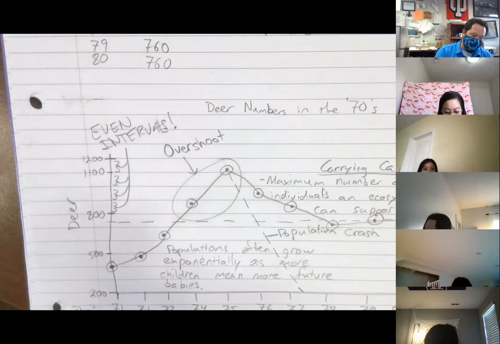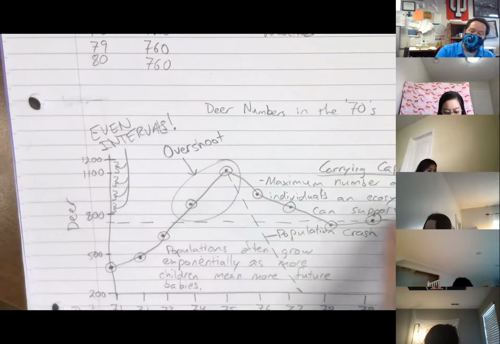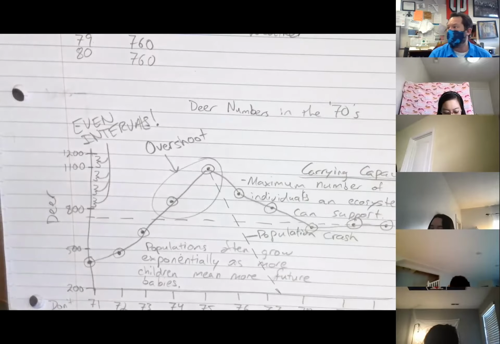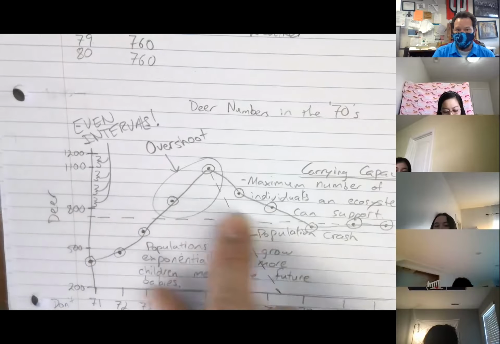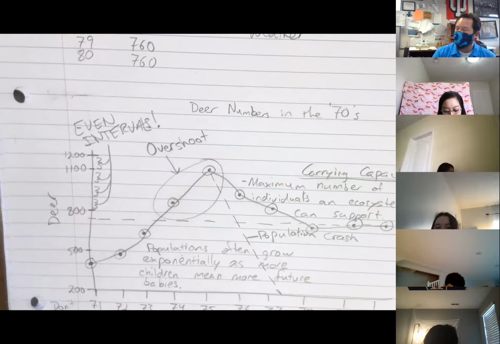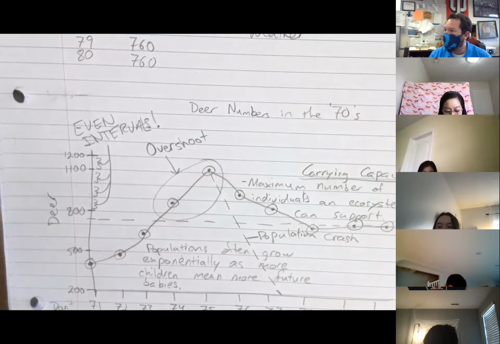So where it might have at one time been able to support 760 deer, well, all the deer ate all the trees. There are no more trees at all, period. The population crashes and it can get wiped out completely. It is definitely a possibility.